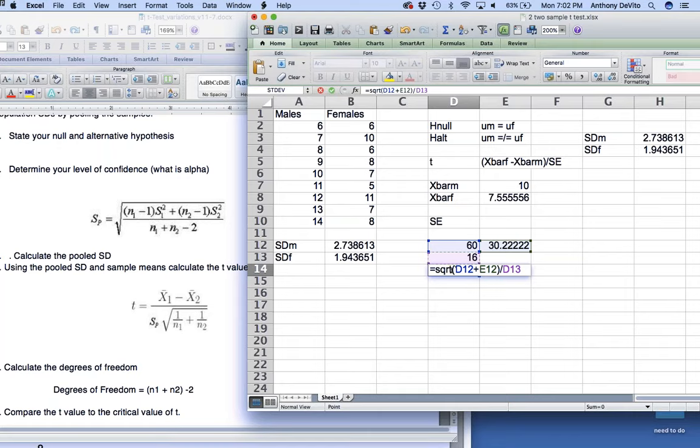The only thing is I have to put another parentheses in here. That will do the top first and divide, and then find the square root. And we got 2.37. That's our pooled standard deviation.